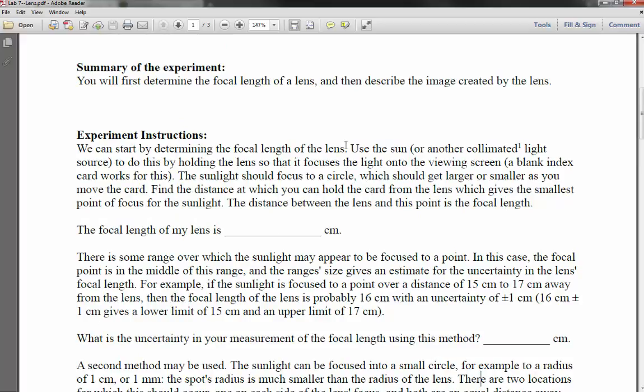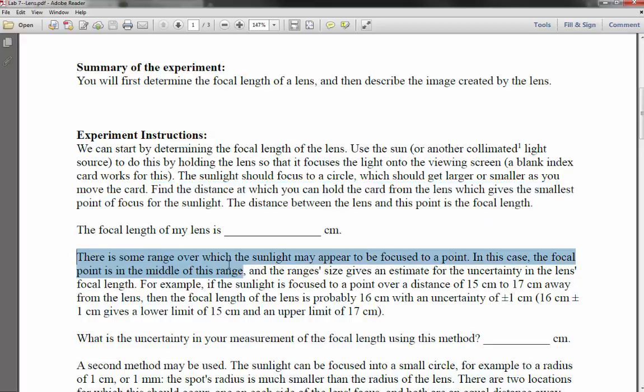It basically says use the sun and hold the lens so that it focuses the light onto a viewing screen, for example a blank index card or a piece of paper. You want to find the distance at which you can hold the card which gives the smallest point of focus for sunlight. The distance between the lens and this point is the focal length.